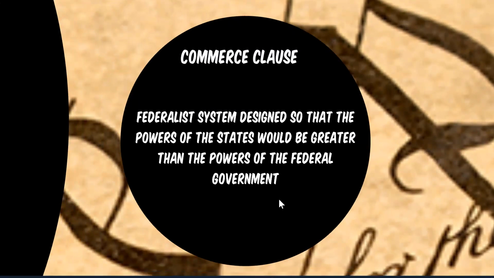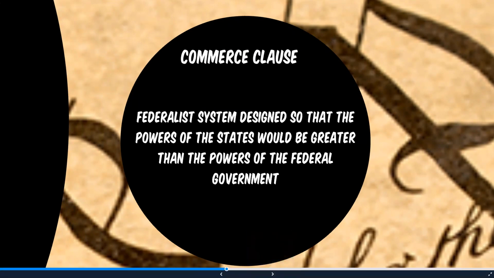Under the Commerce Clause, the federalist system is designed so that the powers of the states would be greater than the powers of the federal government. But through this Commerce Clause, we have found that the federal government is becoming more and more powerful than we wanted, more powerful than we ever really anticipated the federal government becoming.